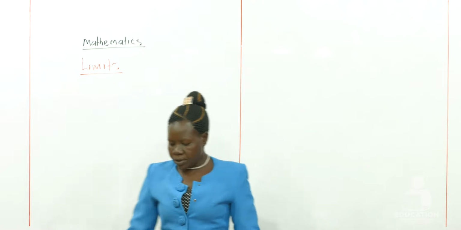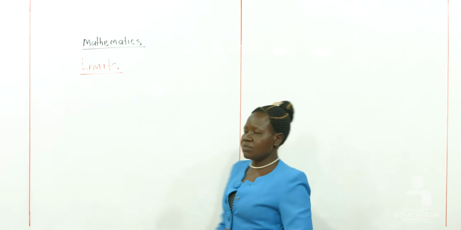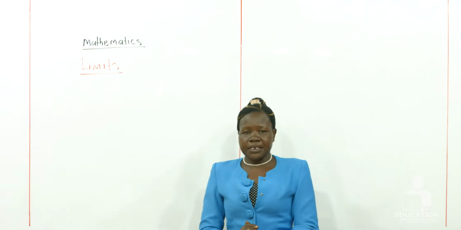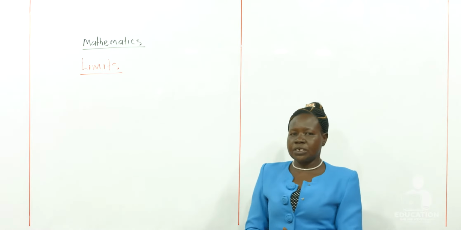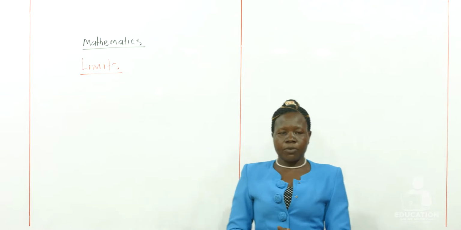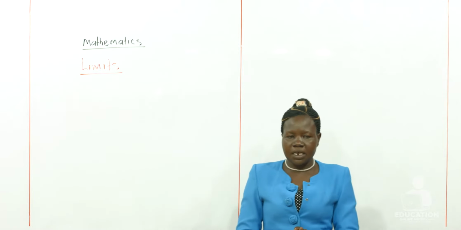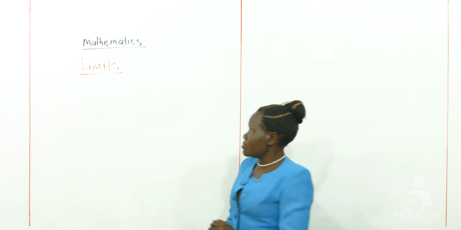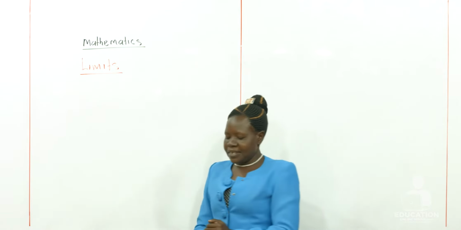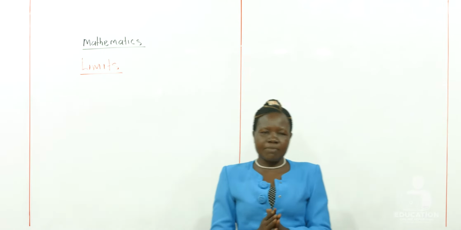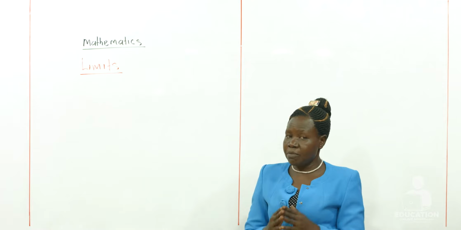So when we talk of a limit, what does it mean? When somebody talks of a limit, it comes from the word limitation, meaning that you are being blocked from reaching a certain goal or a certain point. Mathematically, we say it simply means keeping a number or something in a fixed point.